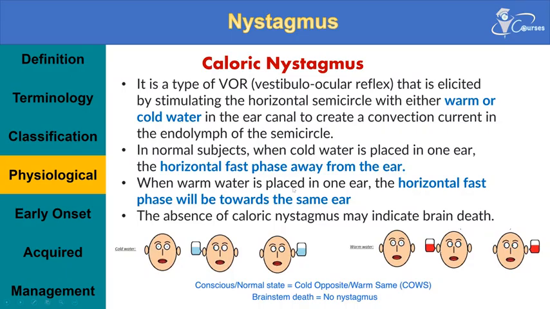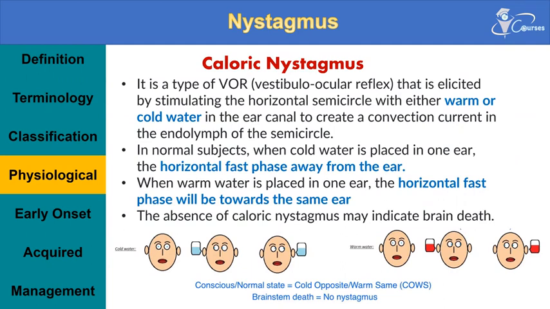And the question that always appears in the exams is whether the caloric nystagmus is absent in brainstem death. Will it be absent in comatose patients? No. If the patient is comatose, with loss of consciousness, he will still show the caloric nystagmus.